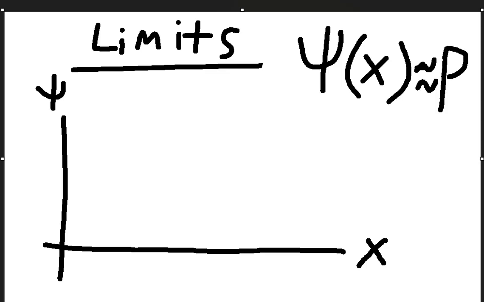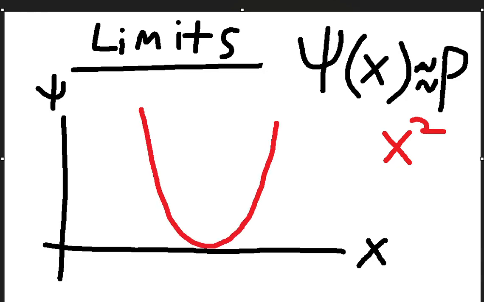Well, let's think of a wave function like, I don't know, x squared. Well, it would look a little bit like this. And this is not a very good wave function because, as x approaches some value over here, it's going to get to infinity, which is not what we want, because that would mean that the further away you go in this direction, probability goes to infinity, which doesn't make much sense.